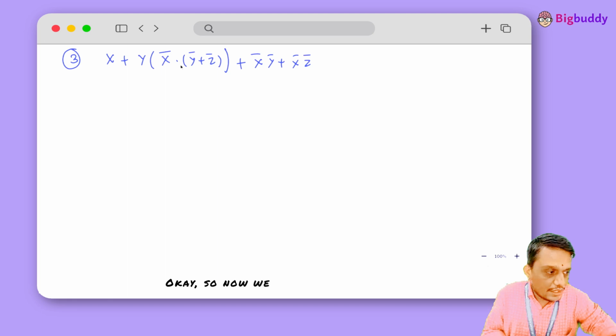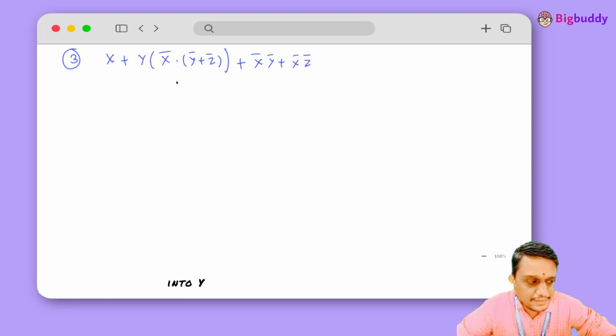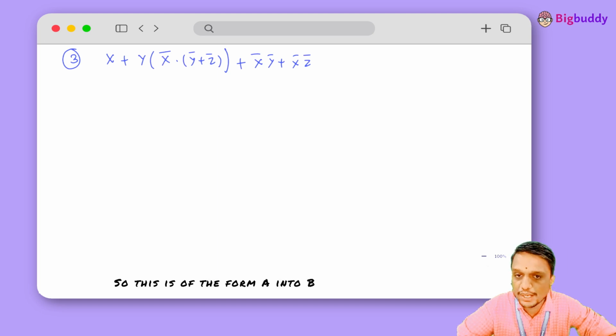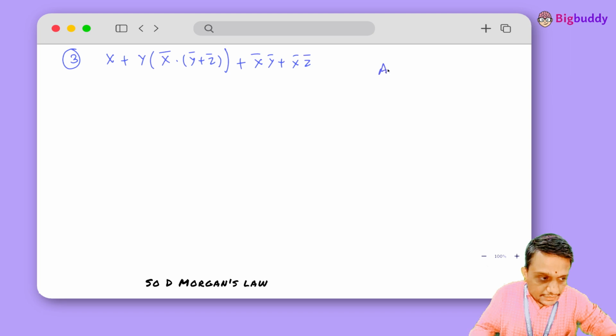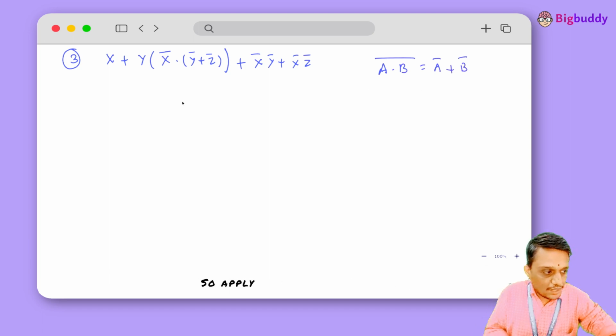So now we know that x bar into (y bar plus z bar) whole bar is of the form a into b whole bar. That is your De Morgan's law. De Morgan's law says a into b whole bar is equal to a bar plus b bar. So apply this formula.